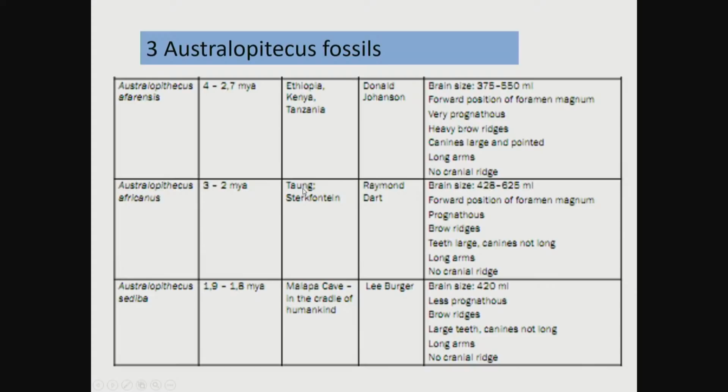There I made the mistake by saying Taung baby. The Taung child was discovered by Raymond Dart, and that is Australopithecus africanus. Africanus means from Africa only. And we have Australopithecus sediba, namely Karabo, and Karabo was discovered by Lee Berger and his son.